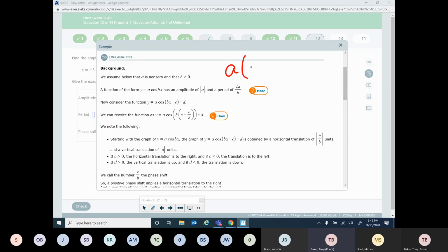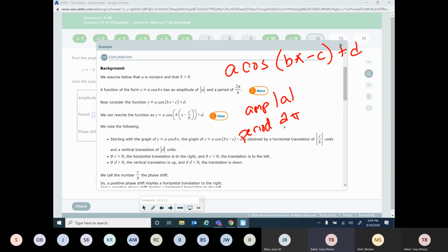So it's A cosine, and then it's BX minus C plus D. So remember, my amplitude is the absolute value of A. My period is 2 pi over B. My phase shift is C divided by B, and my vertical translation is D. So those are the values that I need for this.